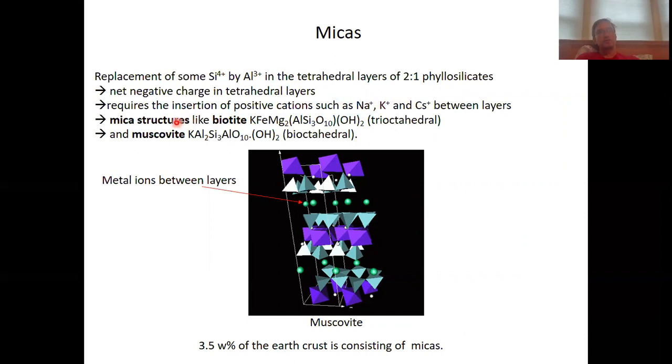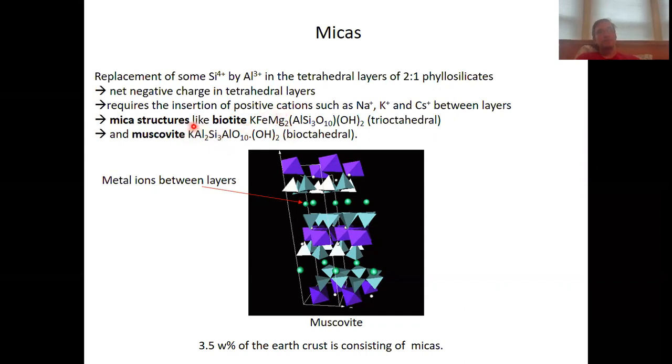So, an example for a mica structure is biotite, which is a potassium, iron, magnesium alumosilicate. Also, another example is muscovite. So in this case, we have dioctahedral layers because we have aluminum instead of magnesium here.